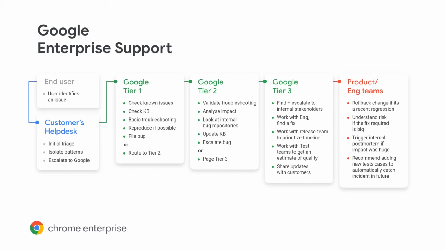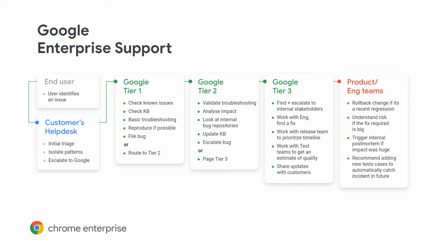Once this has been done, they are able to escalate the ticket directly to Google. And at Google, the tier one support will check for known issues and also check the knowledge database, perform basic troubleshooting, and try to reproduce the issue if possible, and also file a bug.